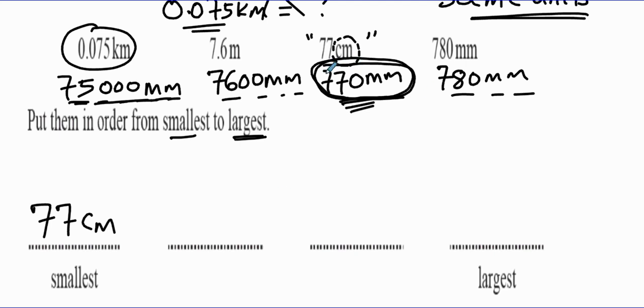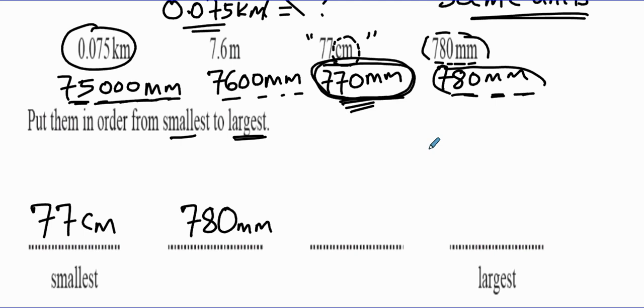The next smallest will be 780. Now, can you note that this number is the same as this? So, either way, 78 millimeters. So this 770 is taken, this is taken.